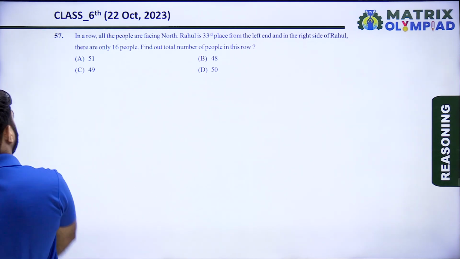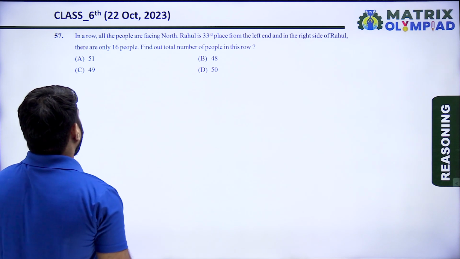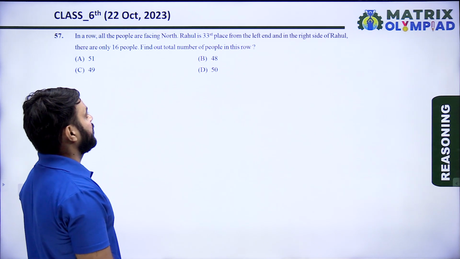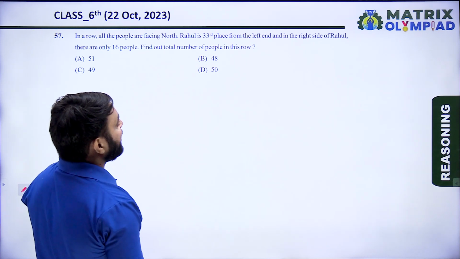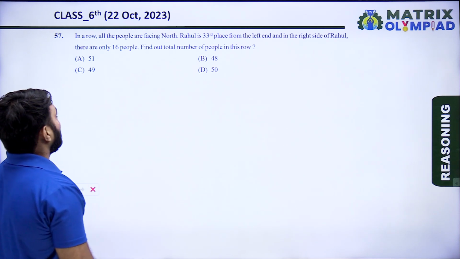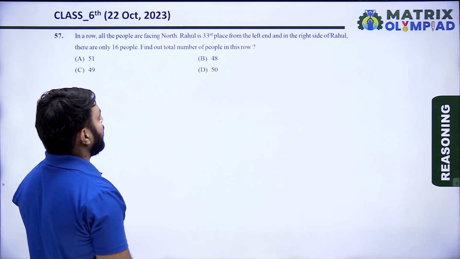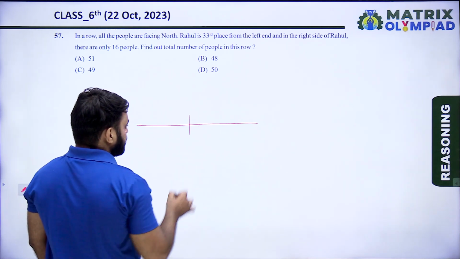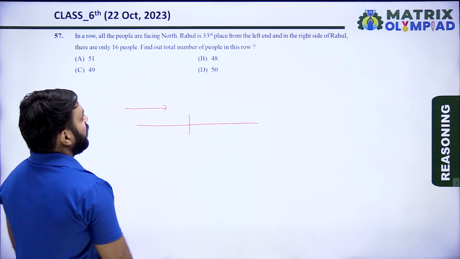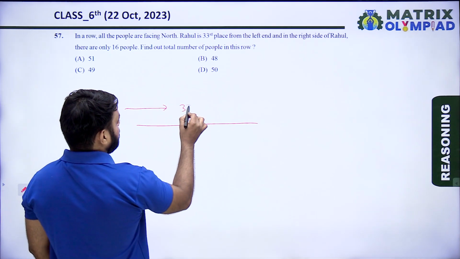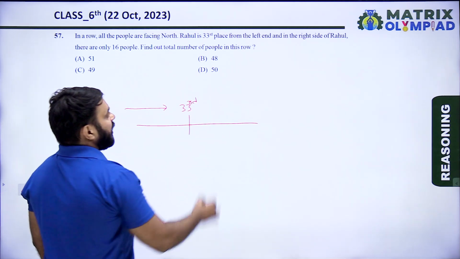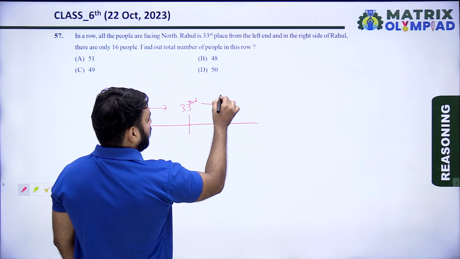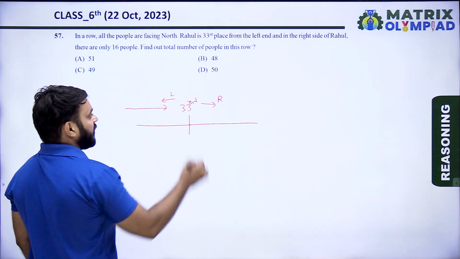So, next question is question number 57. In a row, all the people are facing north. Rahul is 33rd place from the left and in the right side of Rahul, there are only 16 people. Find out total number of people in this row. So, according to question, position of Rahul from left side is 33rd. This is the right side of Rahul and this is the left side of Rahul.